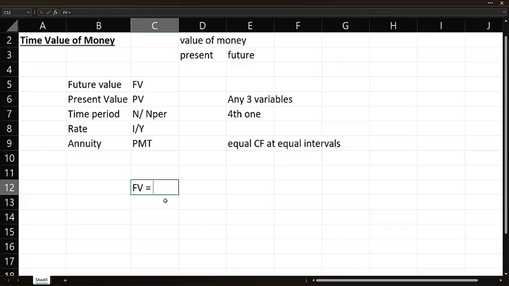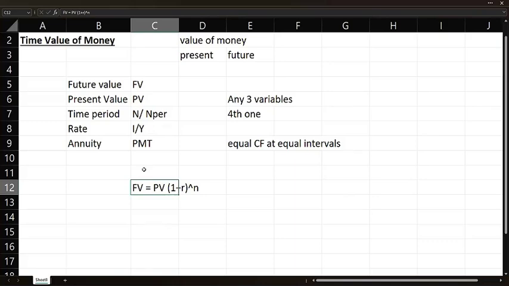We know that the future value of a sum of money would be the present value, whatever we have as of today, times 1 plus the rate of interest, to the power n. So that is the relationship between these variables. For annuity we'll have to look at it on a specific basis, but among others, this is how the relationship is going to look.